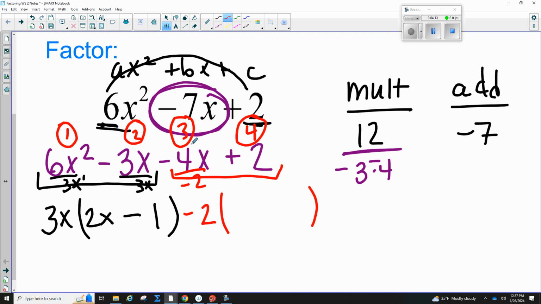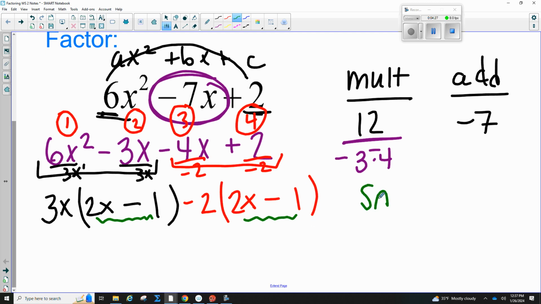What goes here? And if I divide by negative 2 here, what goes here? All right, guess what happened? Those are the same. Okay, that second parentheses, if those aren't the same, you messed up. Okay, they should match or you did something wrong.